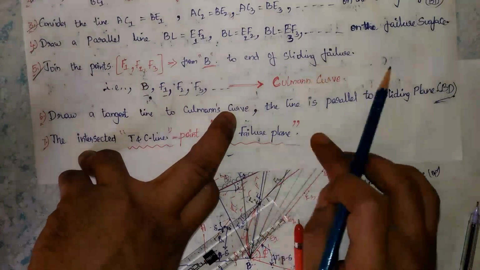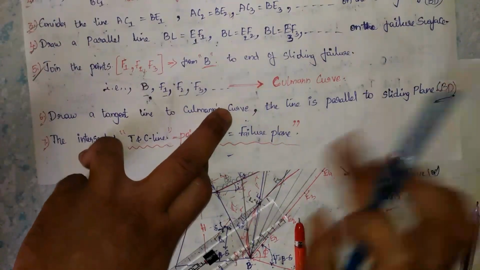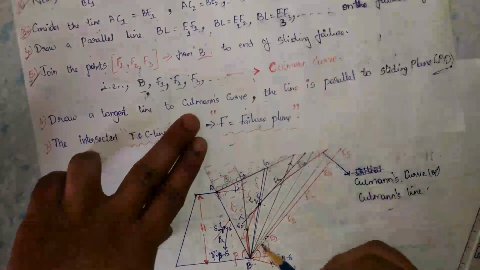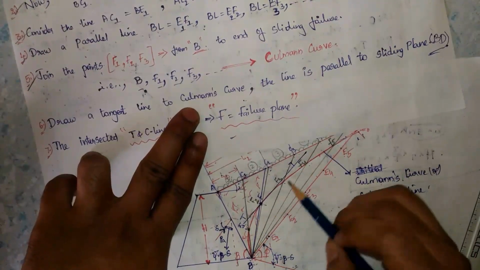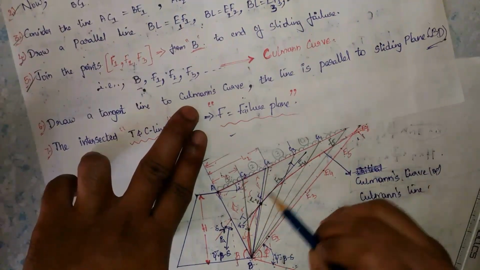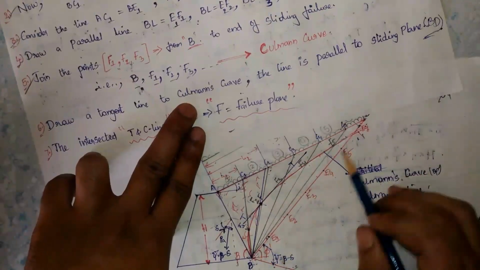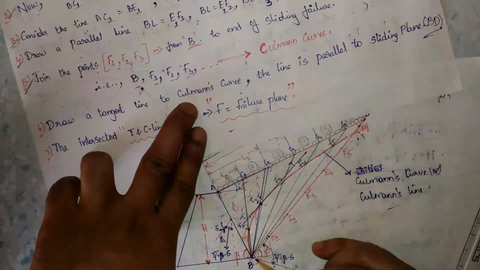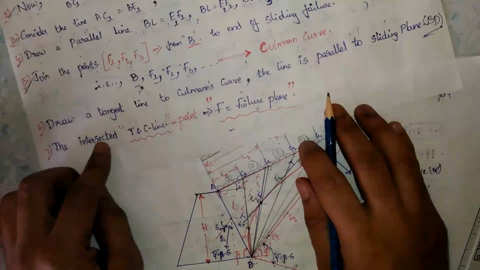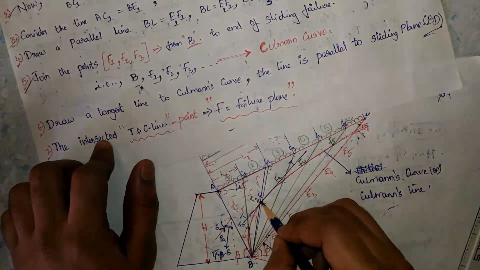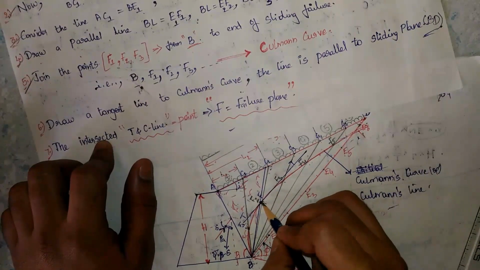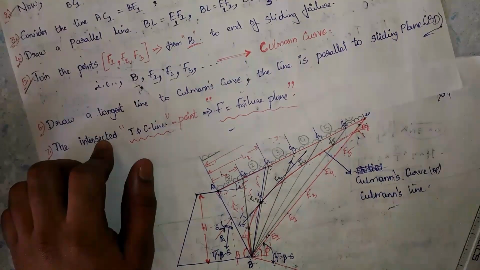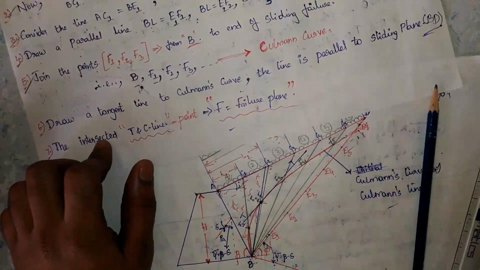The line is parallel to the sliding plane. Now I have drawn a tangent line to this Culmann's curve. The tangent line is parallel to this sliding plane line. The sliding plane means nothing but BD. Next, the intersected point T and C line, the point is F, nothing but a failure plane. So this is the critical failure plane.